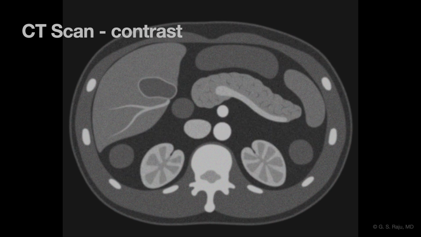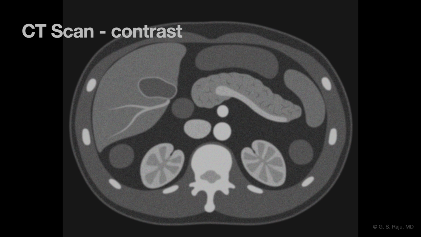And when you do the contrast CT, as you can see here, you can see the aorta white, superior mesenteric artery white, and you also see the portal vein and the splenic vein. And the pancreas has brightened up. This is normal pancreas with nice lobulation. There is no inflammation.